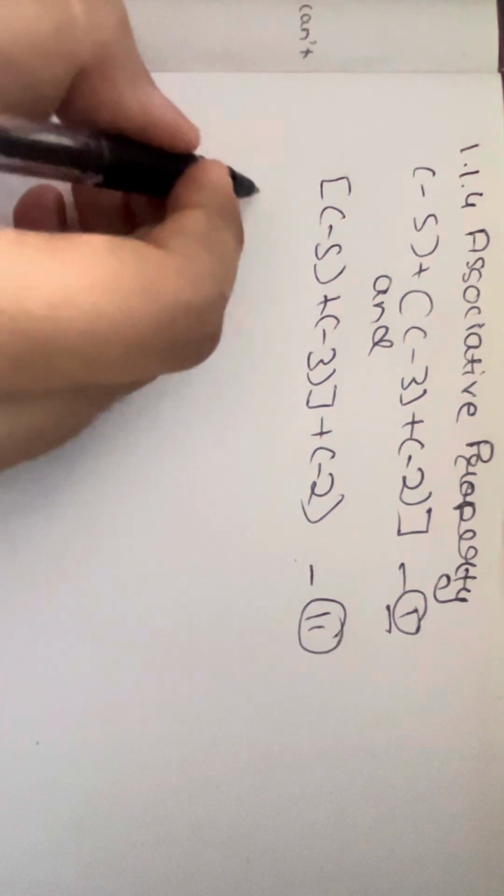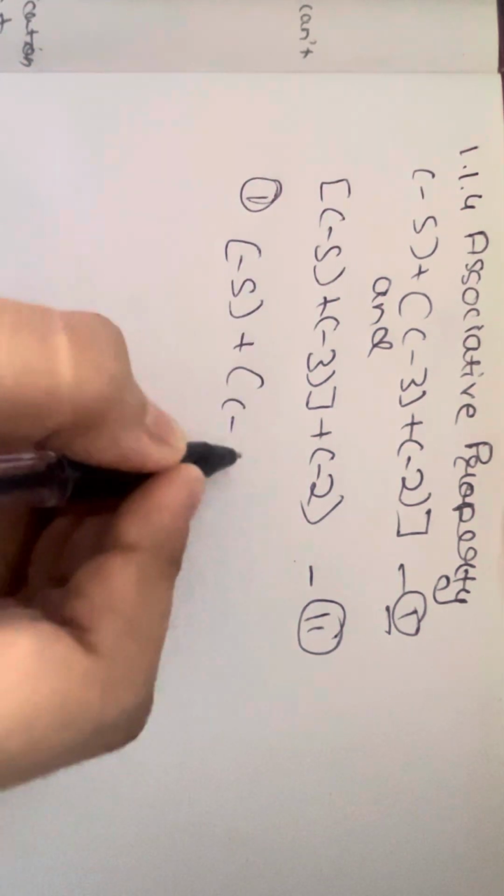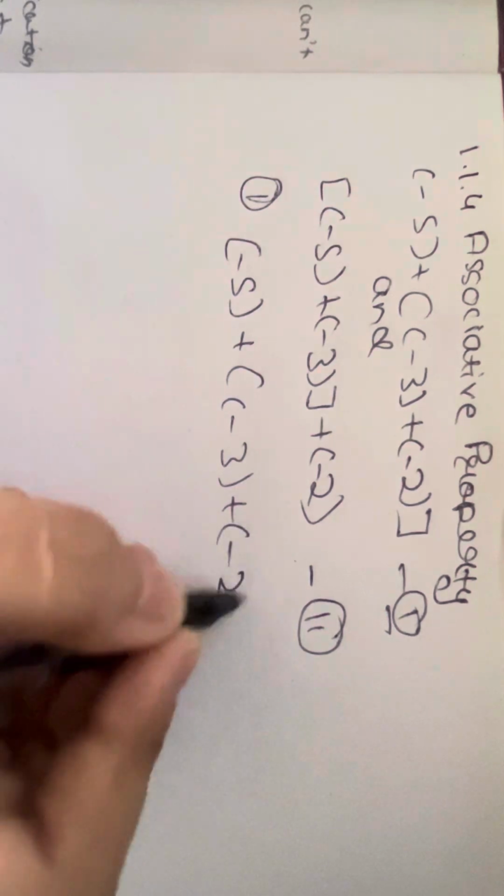So here in equation 1, minus 5 plus minus 3 plus minus 2.